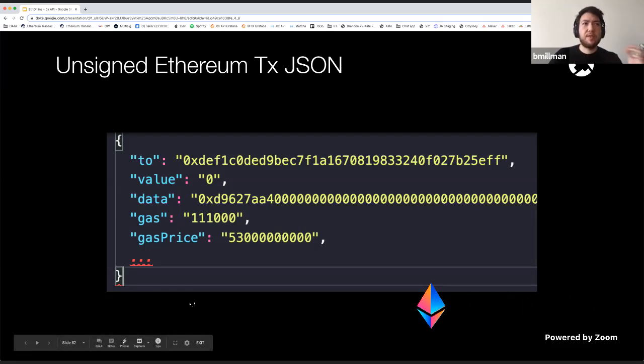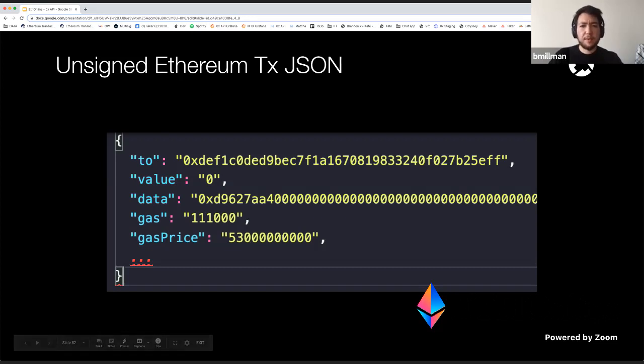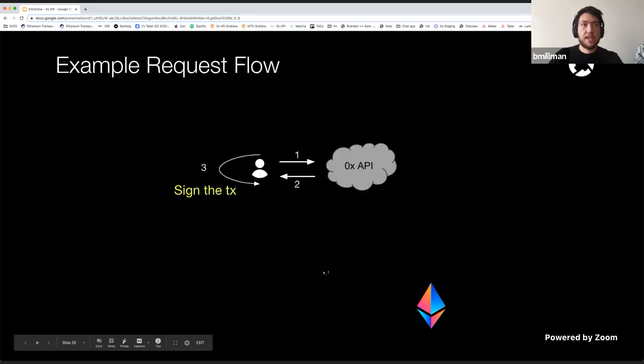That's important because sometimes you actually want to be selling ETH, and the best way to do that is to send ETH along with the transaction. So that's something to note. Next field is data. This is the actual call data that's going to be sent to this contract up here. And then the estimated gas that it's going to take, as well as the gas price that you should set with the transaction when you send it. So that's a little window into what that response looks like.